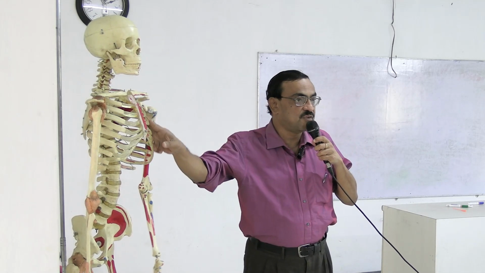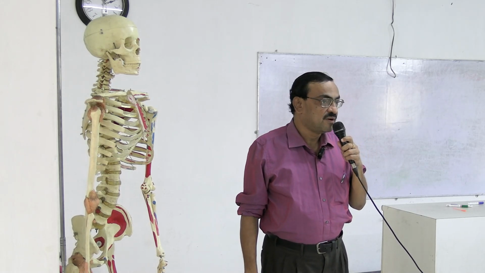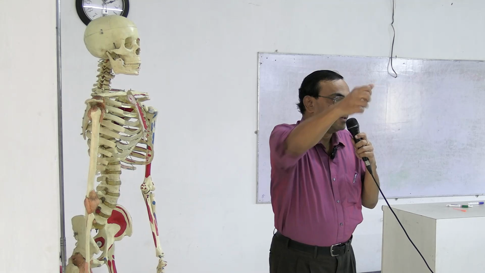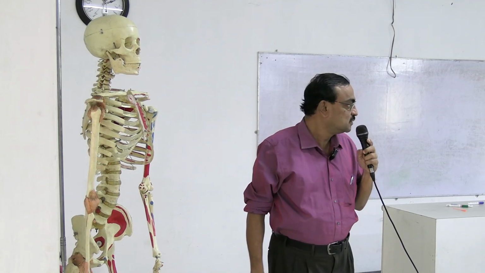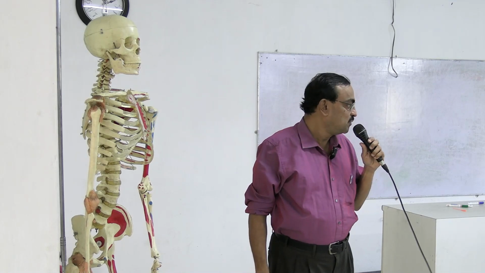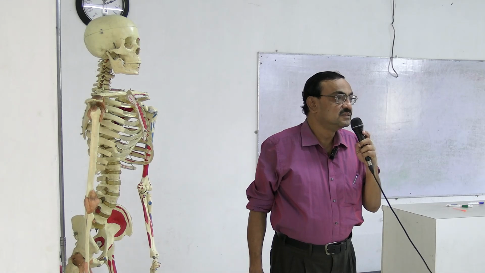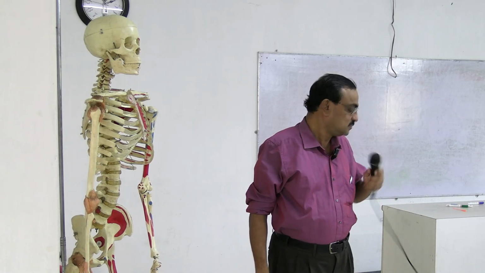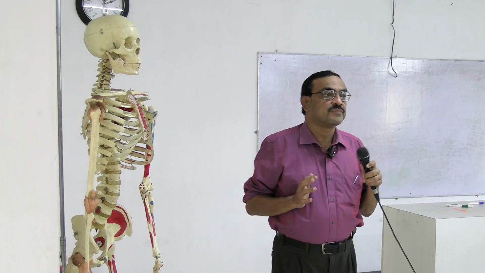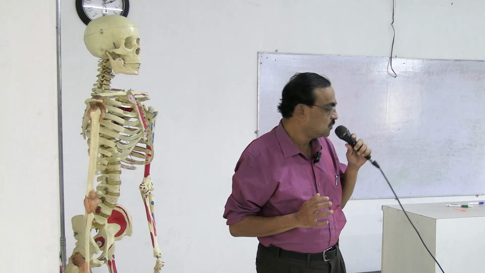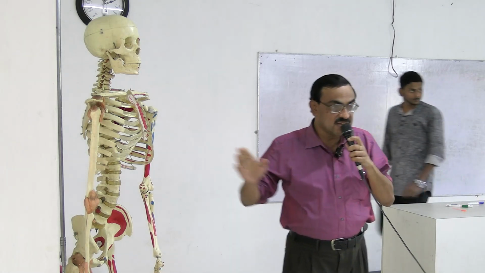Actually, it is taking origin from the upper 8 ribs, and which helps in forward movement of the scapula. That is nothing but the boxer's muscle or serratus anterior.